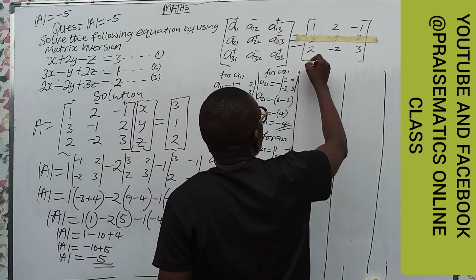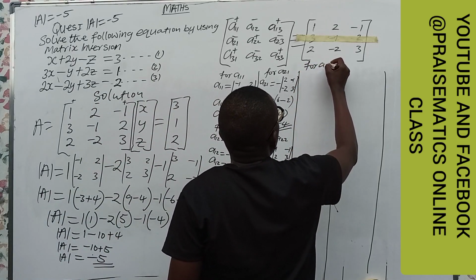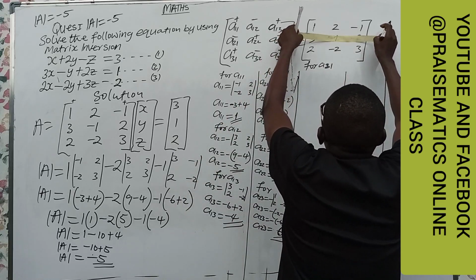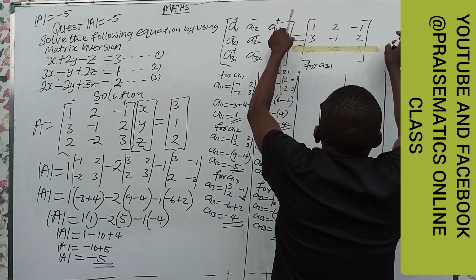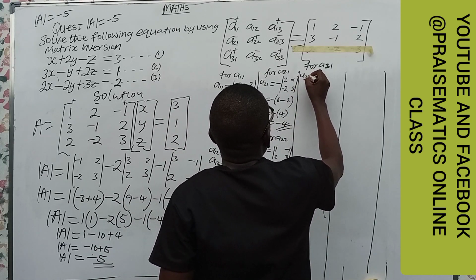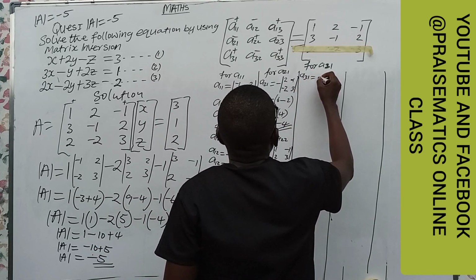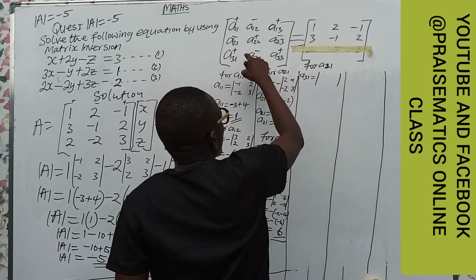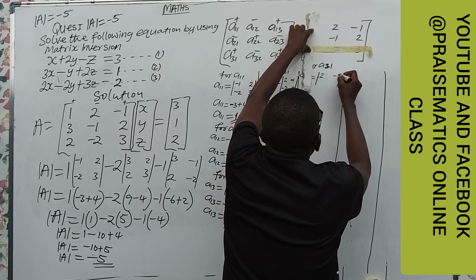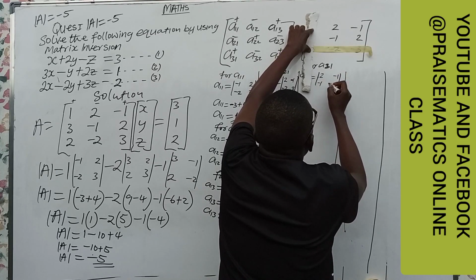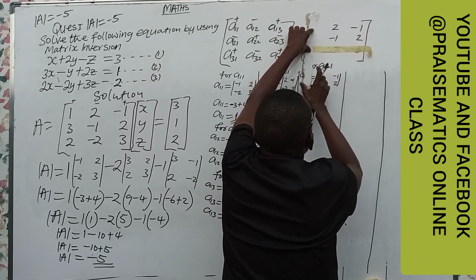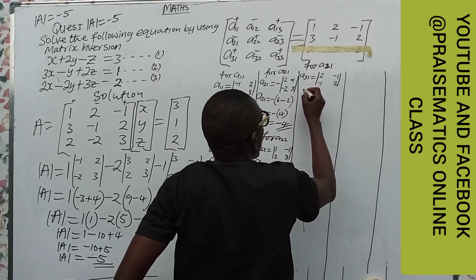Now we go for A31. Our A31, you change the row with the last thing. What do we have? A31 is equal to what? No, this is plus. Okay, close this. We have 2 minus 1, minus 1 2. And what do we have? 2 times this.